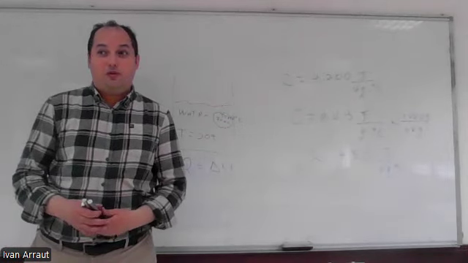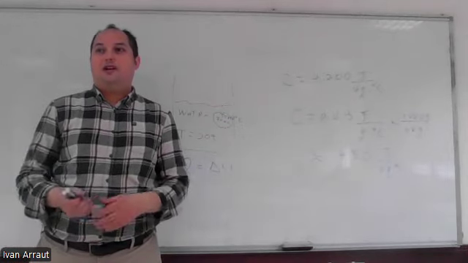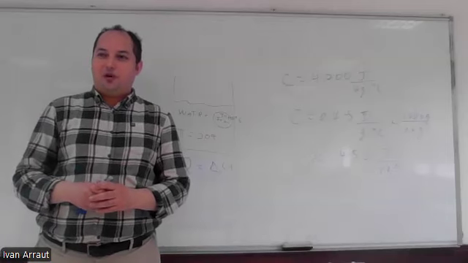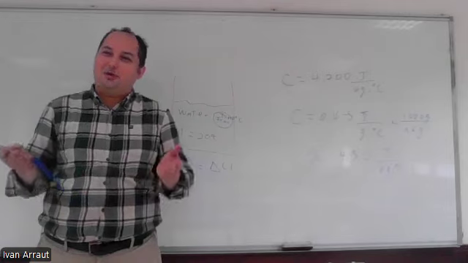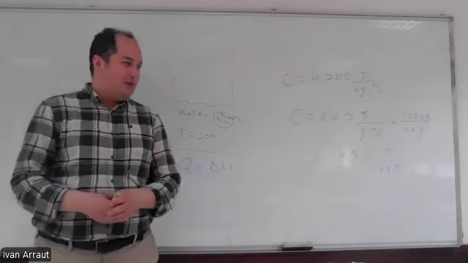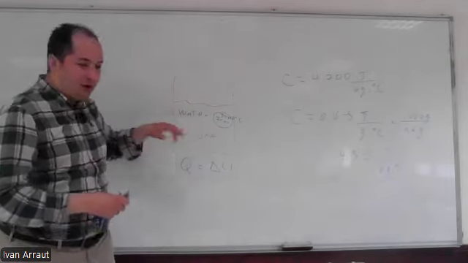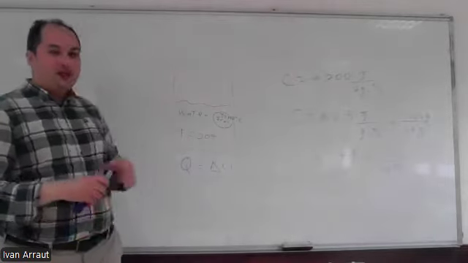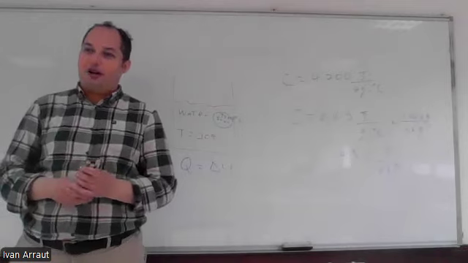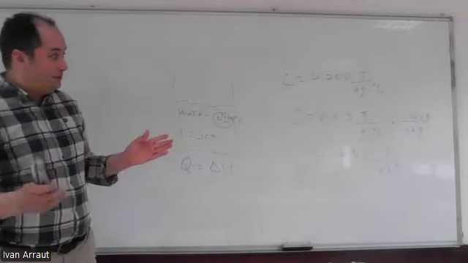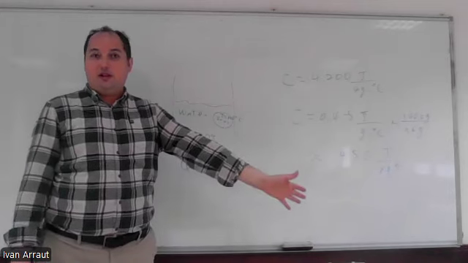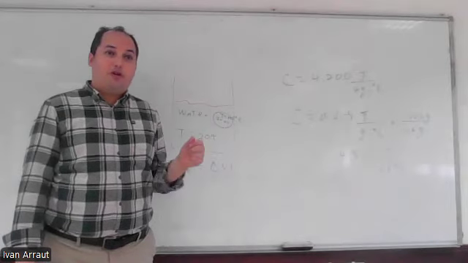And something important is that the final temperature is the same. The final temperature of this and this will be the same at the end. So if I have the initial temperatures, I should be able to find the final temperature, assuming that I give you the information of the heat capacities, which many people worked on in the past.